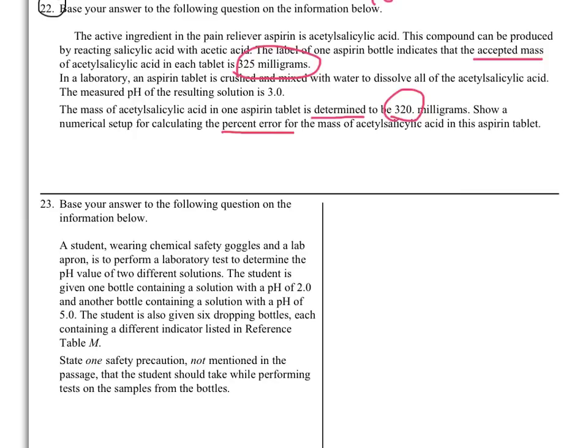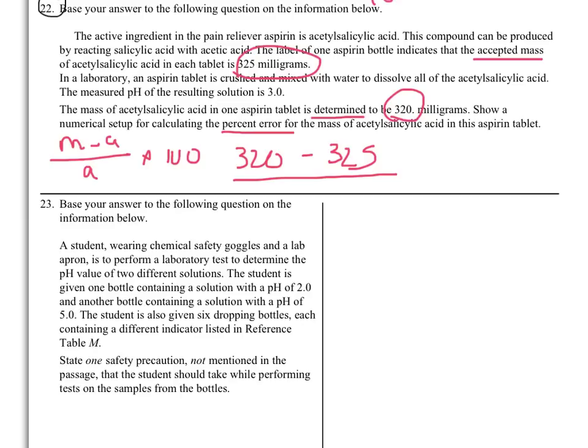Recall that reference table T says that the equation for percent error is measured minus accepted divided by accepted times 100. So in this case, our measured value is 320, our accepted value is 325, and we're going to divide that by 325 and multiply times 100.